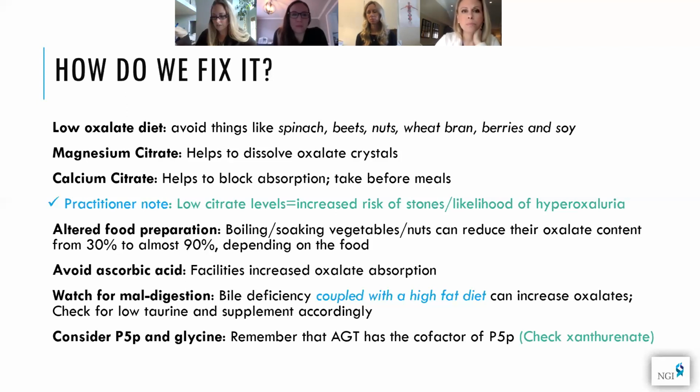So if you do a regular urinalysis with sedimentation, you're actually going to find these little oxalate crystals in their urine. And for those of you doing functional testing, if you find low levels of citrate on an organic acids test, this means that they have a higher risk of having stones or likelihood of hyperoxaluria.